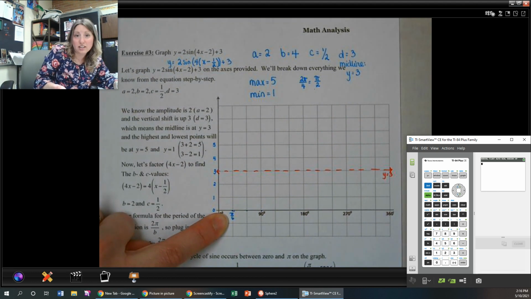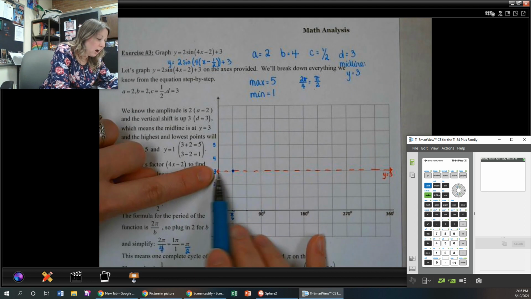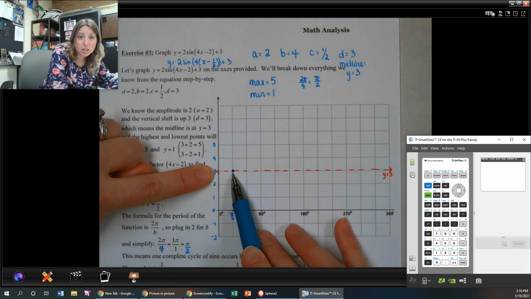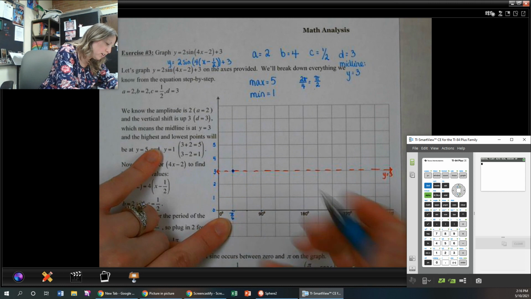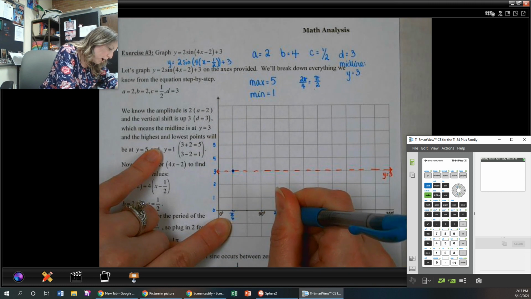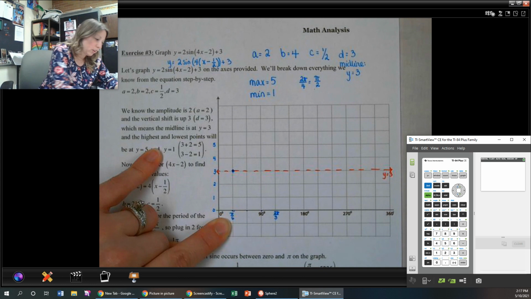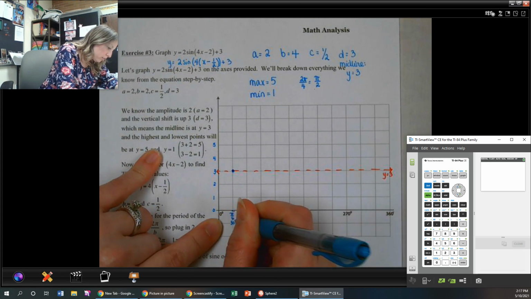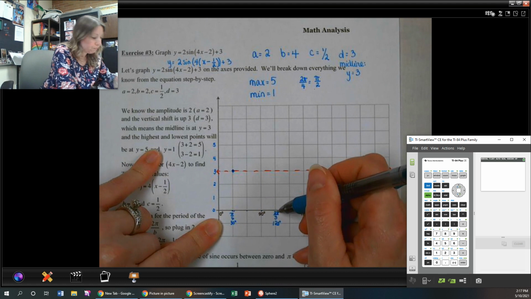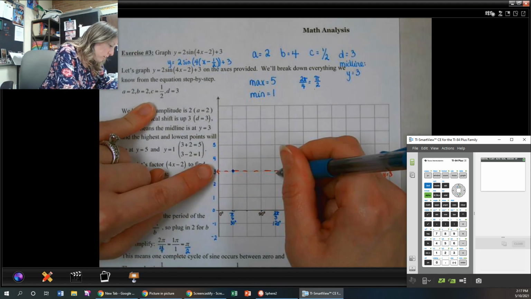So this sine starts right here on the 3, which is the midline. Now, 90 degrees from this would be right here, which is 2 pi over 3, or 120 degrees. Okay, I'll write that underneath, 120, since this has been in degrees. 30 degrees, 120 degrees, right? So since that's the case, this is where my finish is.